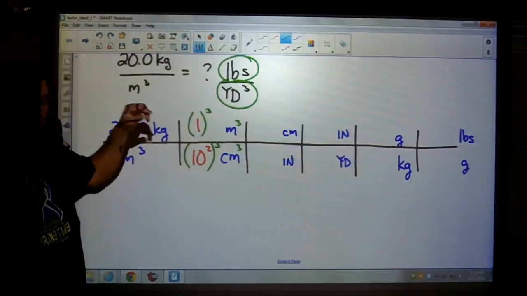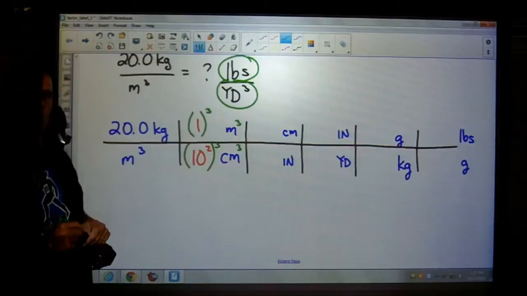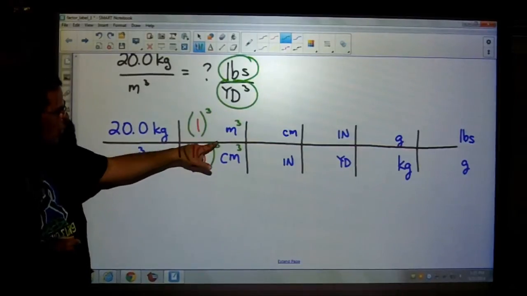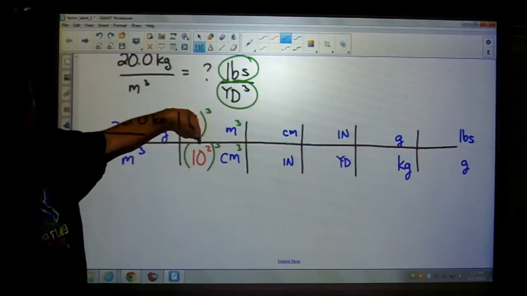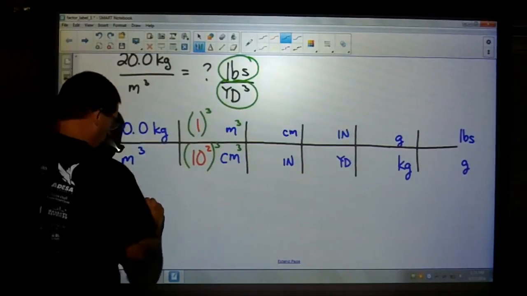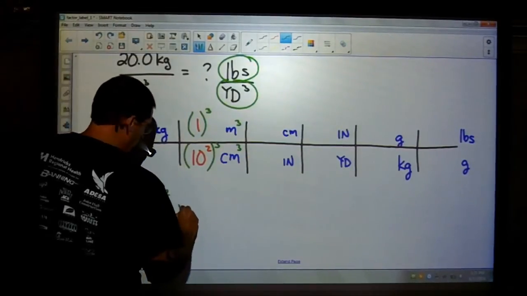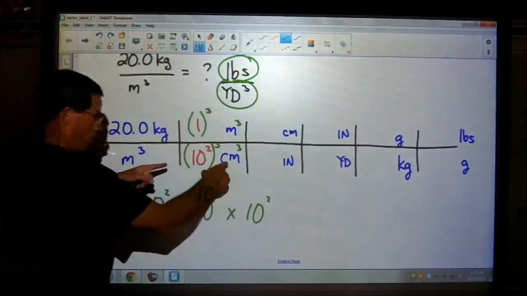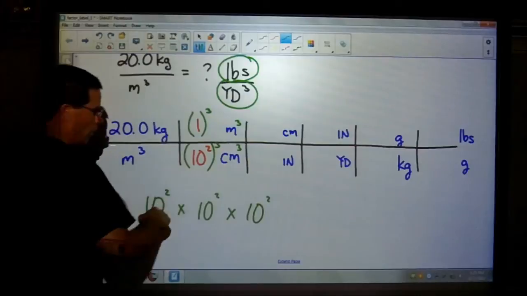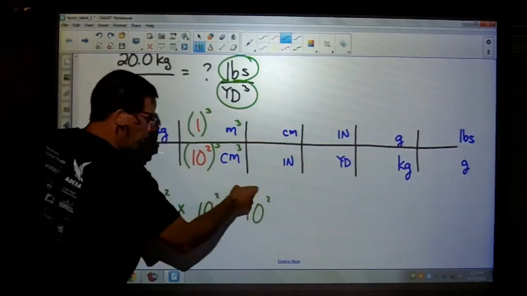Not cool? Now, you're probably going, whoa, how'd you do that? Remember that when you have your setup looking like this, we multiply the exponents. If you did something like this, 10 to the 2 times 10 to the 2 times 10 to the 2, which these two represent the same thing, then you add the exponents.